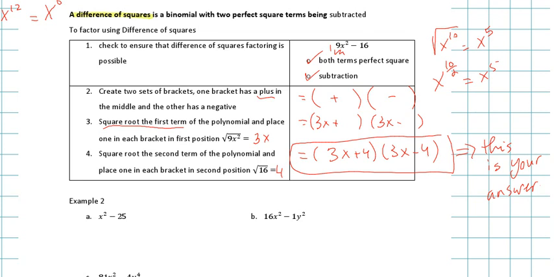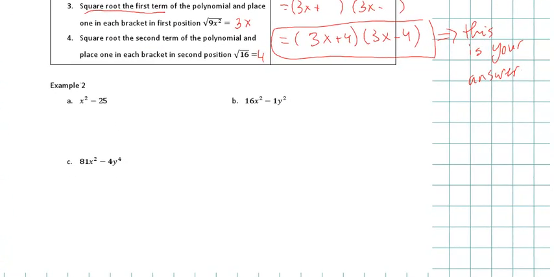Again, you don't need to write this, I'm just showing. 3x times 3x is 9x squared. 3x times negative 4 is negative 12x. 4 times 3x is positive 12x. 4 times negative 4 is negative 16. If I simplify like terms, negative 12x plus 12x is 0.